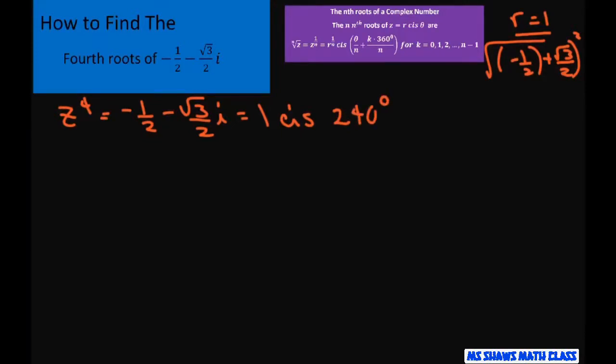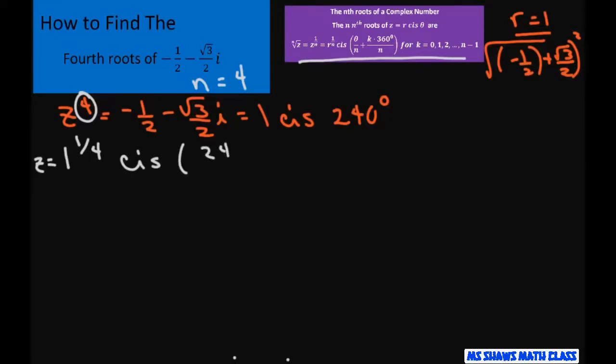Now from there, we're going to write out this formula. So 1 to the 1/4, since we're doing the fourth roots, our n equals 4. We have cis of, and this is your z, 240 degrees divided by 4 plus k times 360 degrees divided by 4.